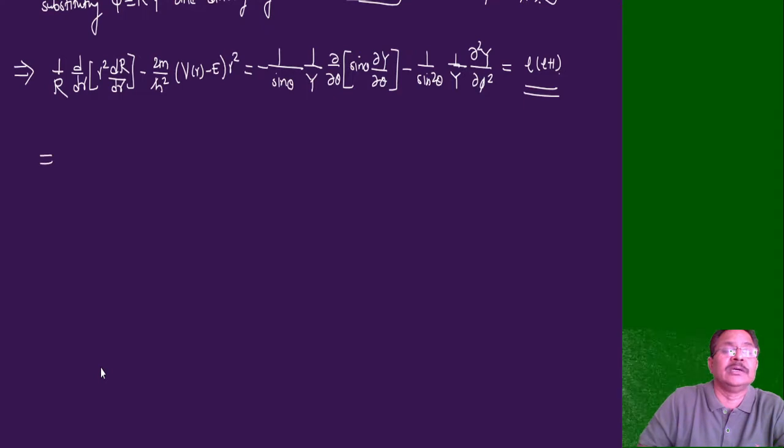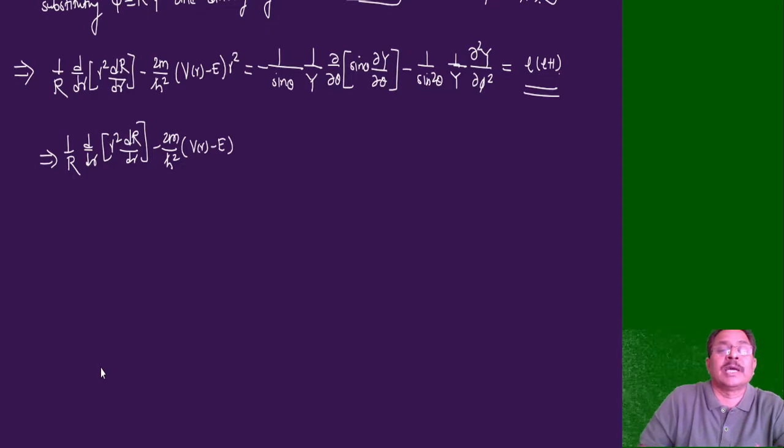The first equation is 1 upon r times d by dr into r square into dR upon dr, minus twice m upon h cross square in the bracket V of small r minus capital E, into r square.